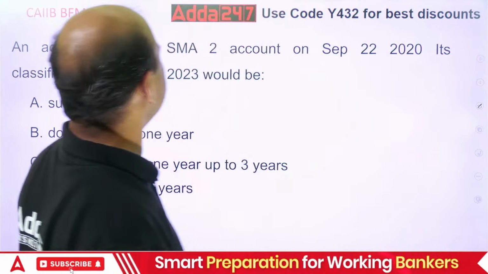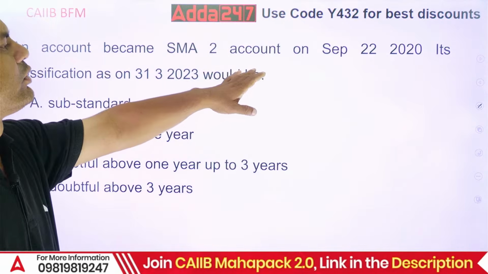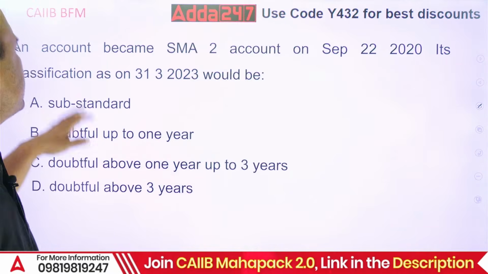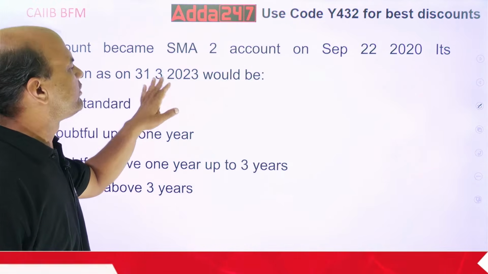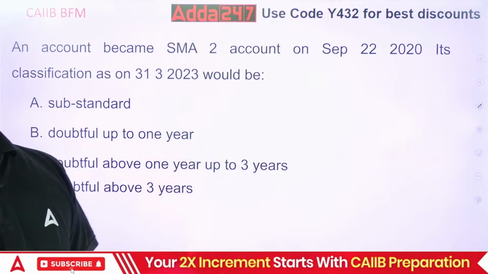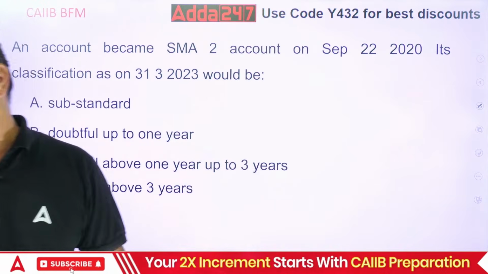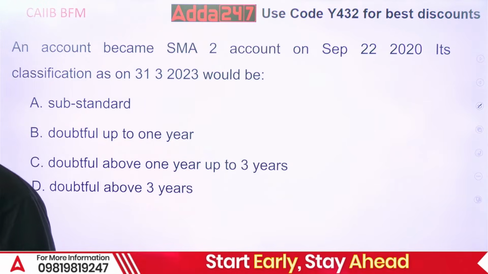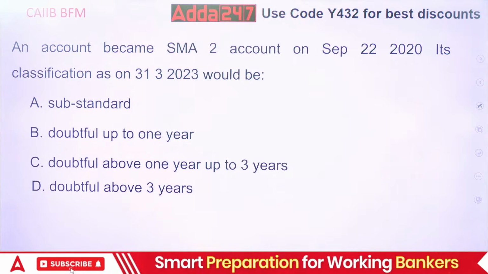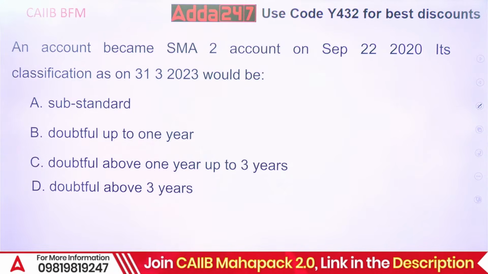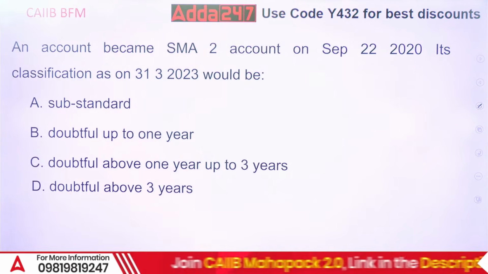An account became SMA2 on September 22, 2020. Its classification on 31/3/2023 will be? What will be its classification? This account has become SMA2 on September 22, 2020. On 31/3/2023, its classification will be? Think over it.